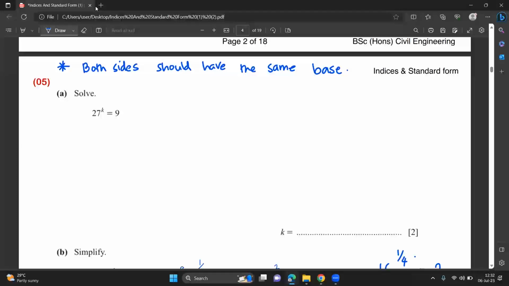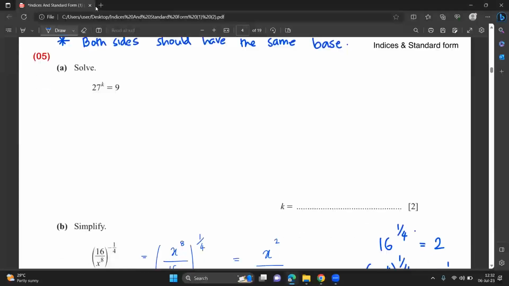Done? Right. Now, if you look at question A, what's the base on the left side? 27. What's the base on the right side? Are they the same? Can we compare? No. So you have to change them in a way that both sides have the same base. We know 9 is equal to 3 squared, and 27 can be substituted with 3 cube. Very good.